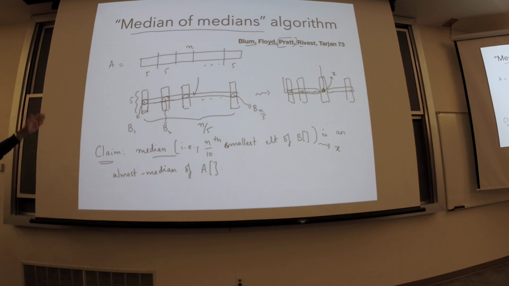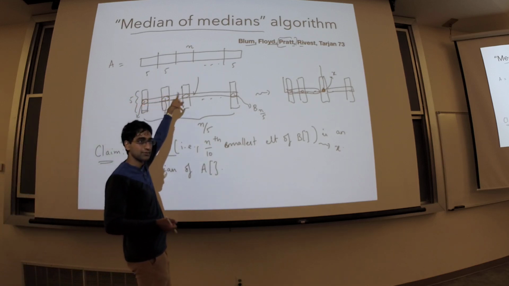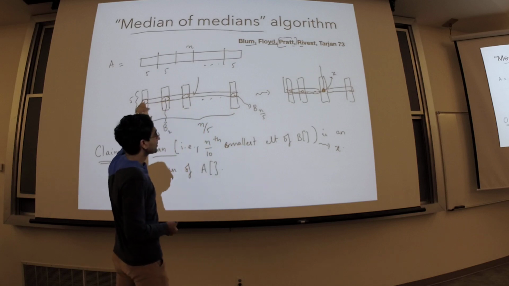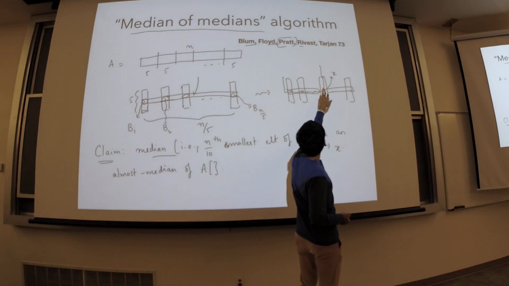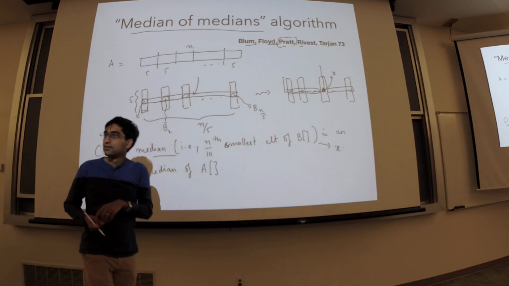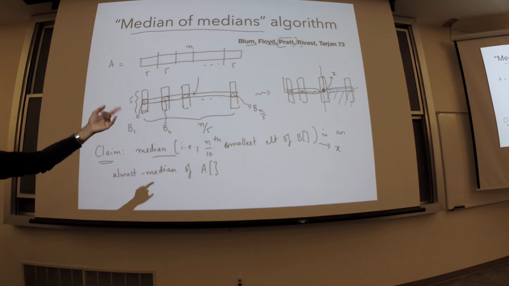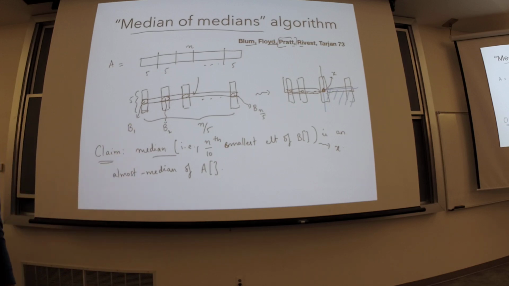Because these blocks, I said, were sorted. Each of these blocks was sorted in increasing order. And so all of these elements would actually be smaller than or equal to X. Likewise, all of these elements would actually be bigger than or equal to X.